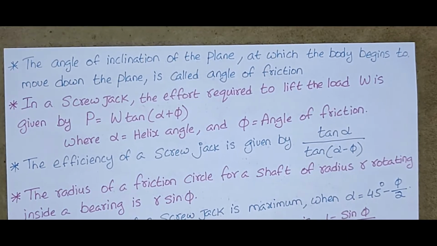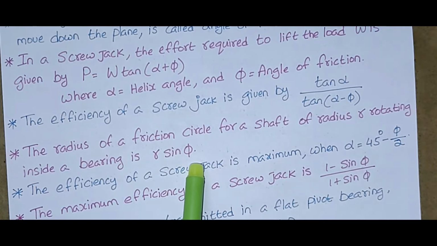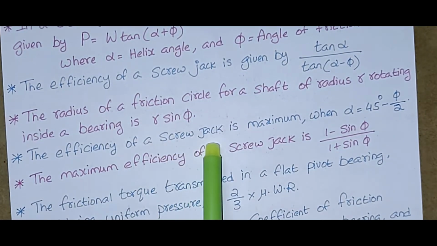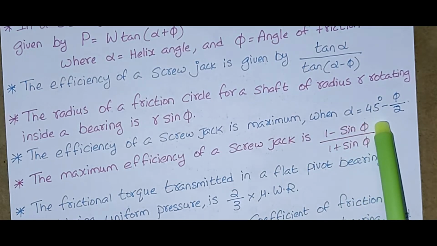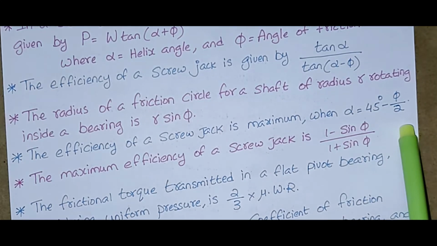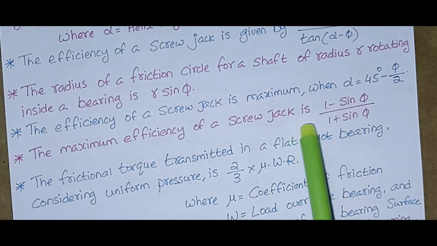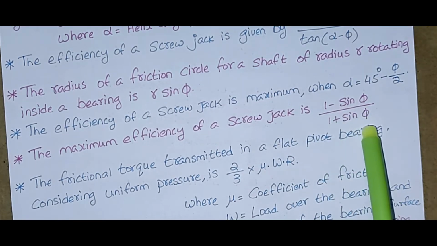The radius of a friction circle for a shaft of radius r rotating inside a bearing is r sine phi. The efficiency of a screw jack is maximum when alpha is equal to 45 degrees minus phi by 2. The maximum efficiency of a screw jack is (1 minus sine phi) by (1 plus sine phi).